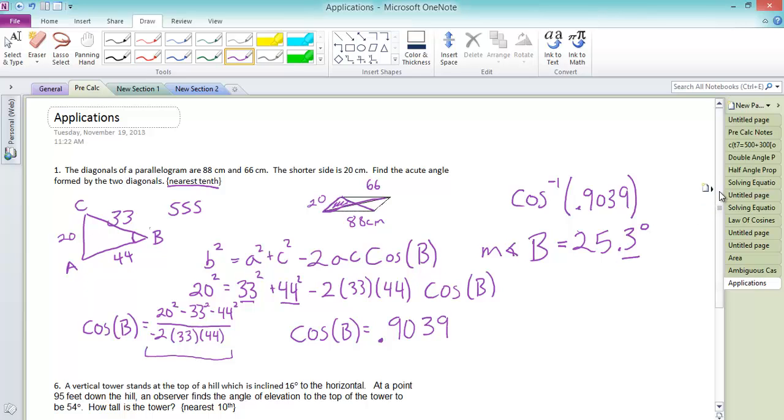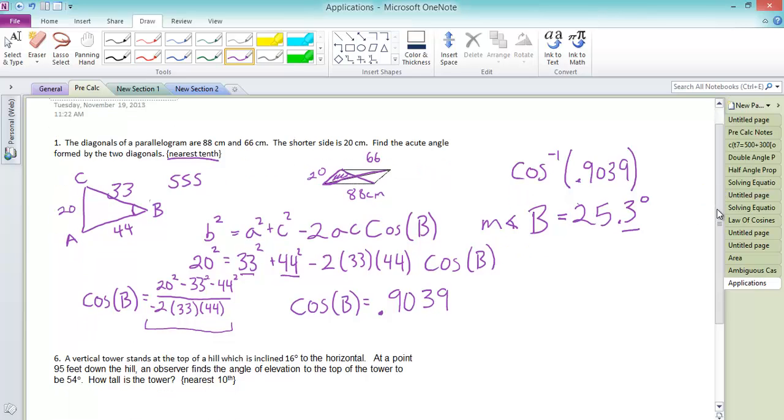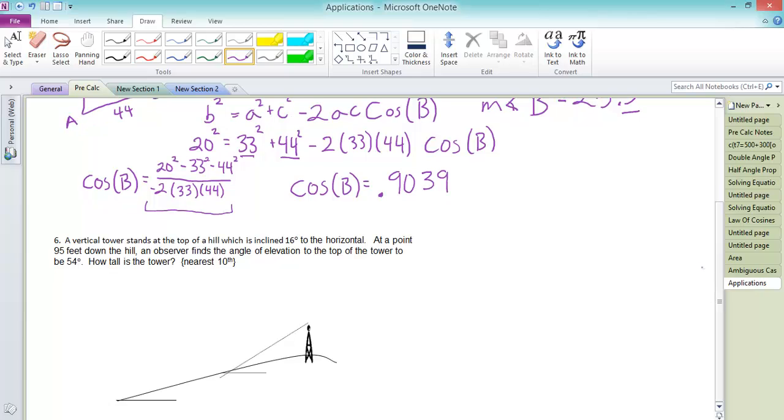Okay. So then on your sheet, I'm going to go ahead and skip down to number 6. With number 6, we have a vertical tower that stands at the top of a hill, which is inclined at 16 degrees. So I know that this hill over here is 16 degrees. It also means that this guy right here, because it's parallel, is also 16 degrees.